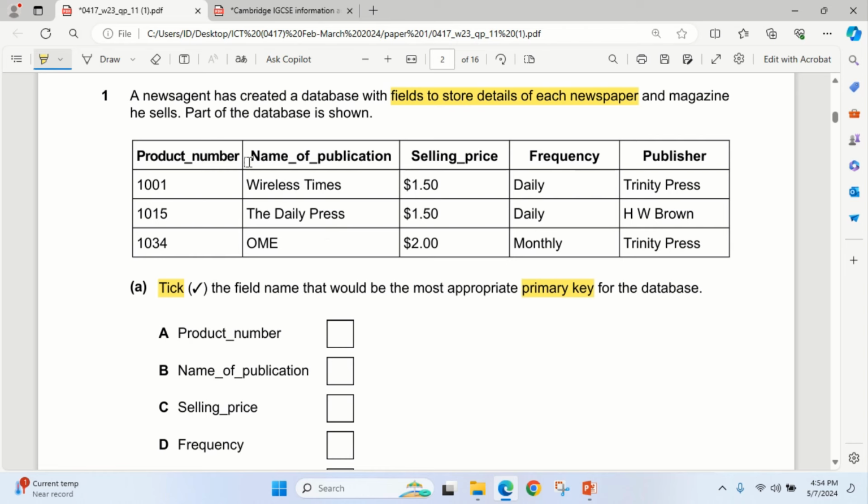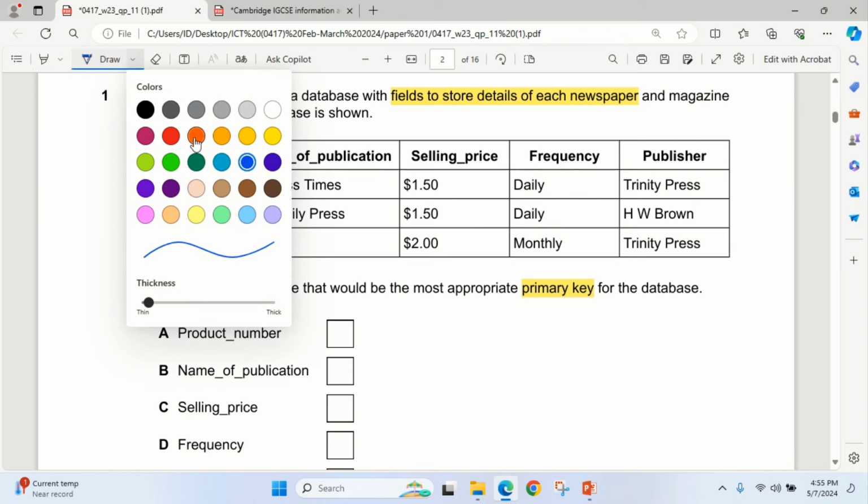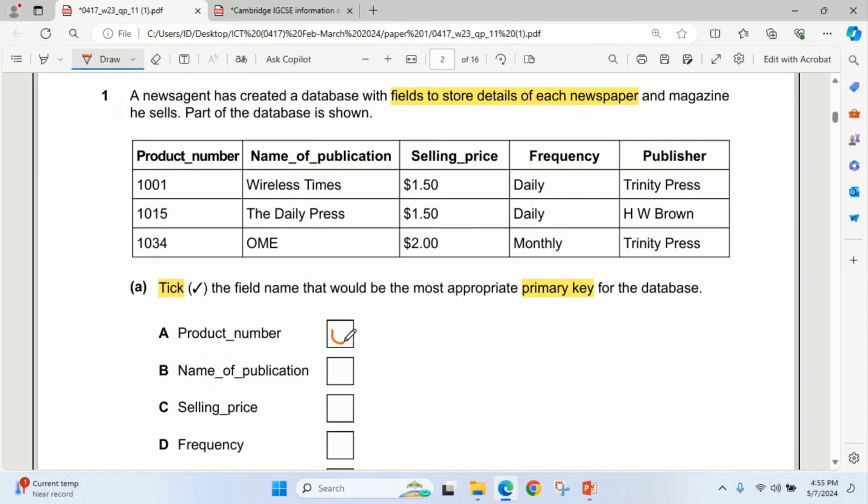So out of all what you have here, which one can uniquely identify every record? The best one is product number. You can see it is unique for each of the records. So product number will be the most appropriate. You pick that product number and make it color red. Product number, okay, that is marked here.